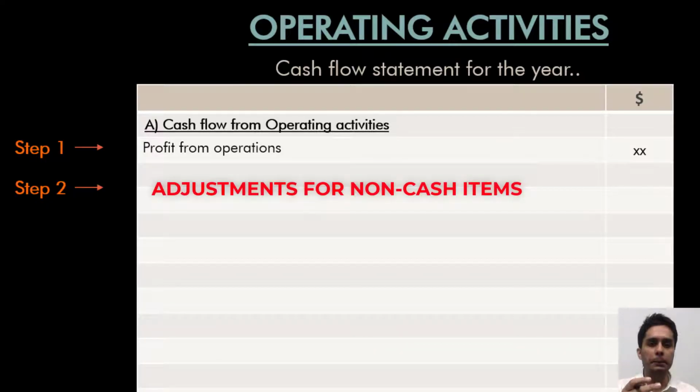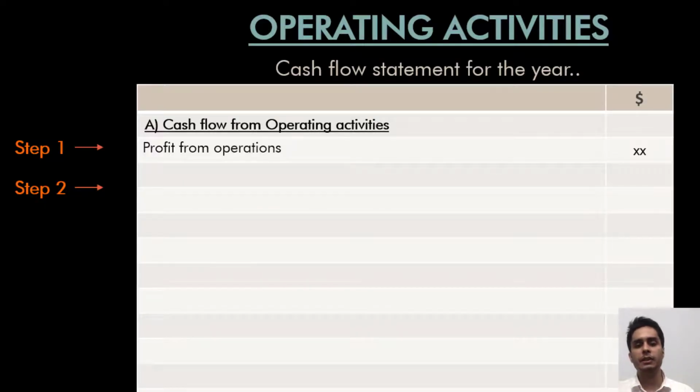So in your income statement, when we added our operating incomes and deducted our operating expenses, obviously a few non-cash incomes and expenses might have been adjusted, but since this is a cash flow statement, it has to exclude all the non-cash transactions. So the effect of non-cash transactions has to be reversed here. Whatever was subtracted, like the operating expenses that were of non-cash nature, I will have to add back here.